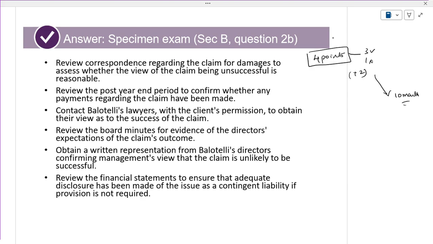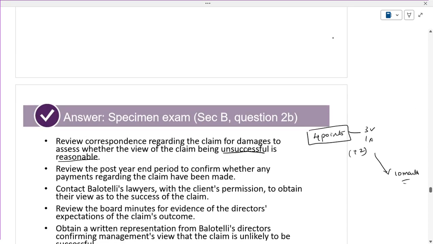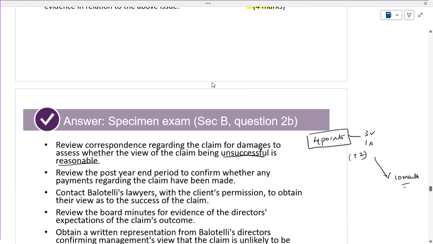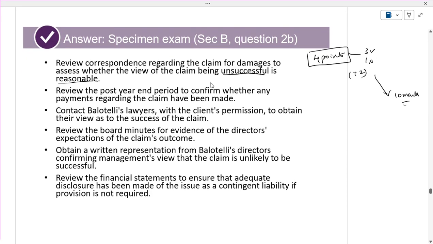Review correspondence regarding the claim of damages, and whether the view that the claim is unsuccessful is reasonable. Go back to the question: they are saying that it is unlikely, so you have to say what the reasons for unlikely are. When the client serves the food, they will take all the precautions.